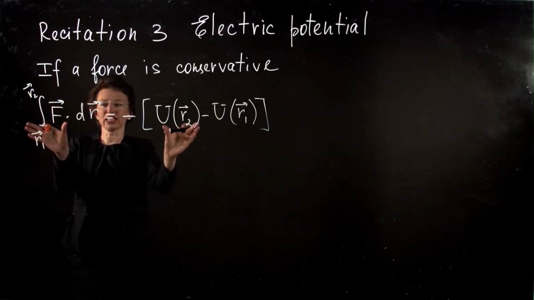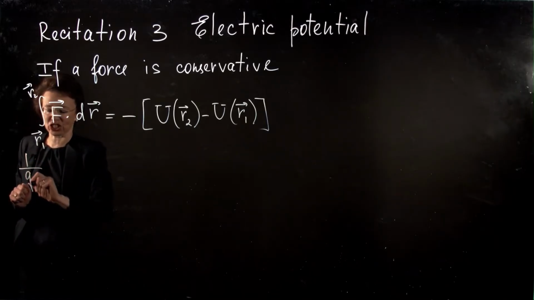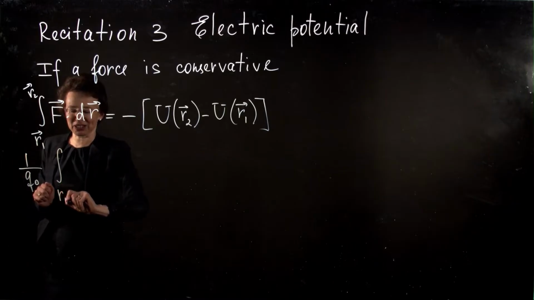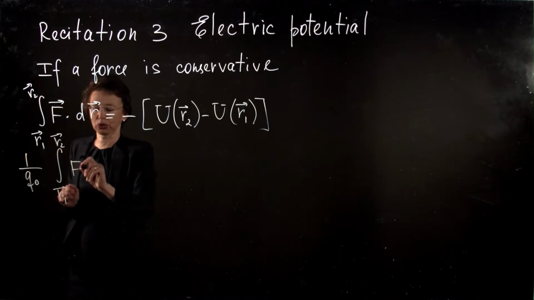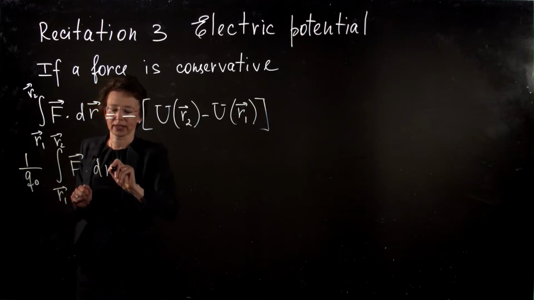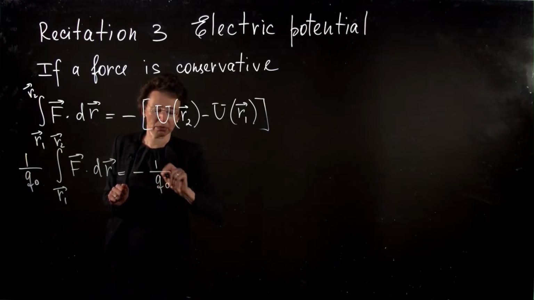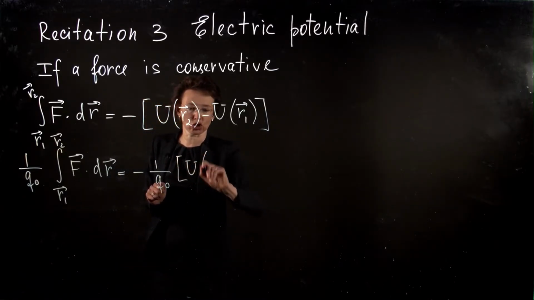If I divide both sides of this equation by a test charge Q naught, then 1 over Q naught times the integral from R1 to R2 of F dot dr equals minus the change in U divided by Q naught. Q naught is a test charge.